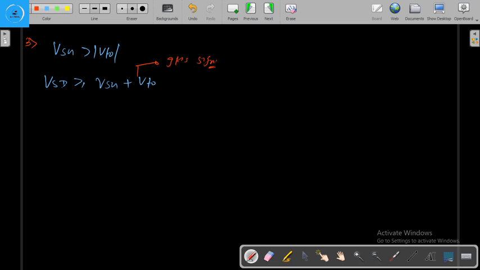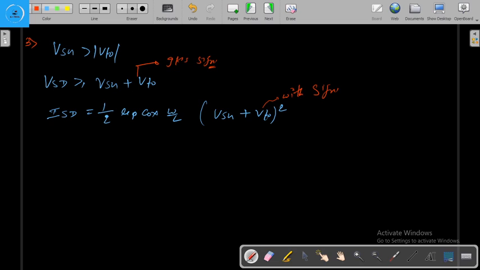So here ISD, the source to drain current, will be equal to 1 by 2 mu P Cox W by L, VSG plus VT whole square. Here also we are writing the VT with its sign, right? So this is the condition for the saturation.